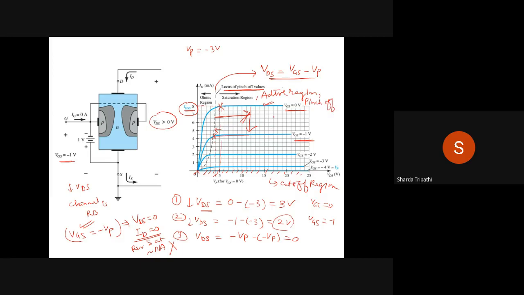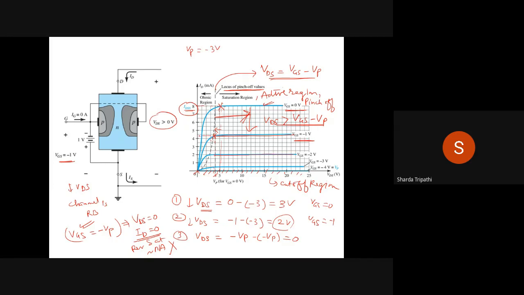The condition for this is that VDS will be greater than VGS minus VP. When this condition is satisfied and the transistor is working in the active region, you will have constant output current for a given value of VGS.